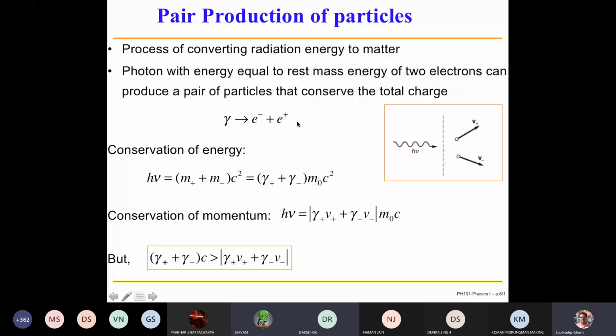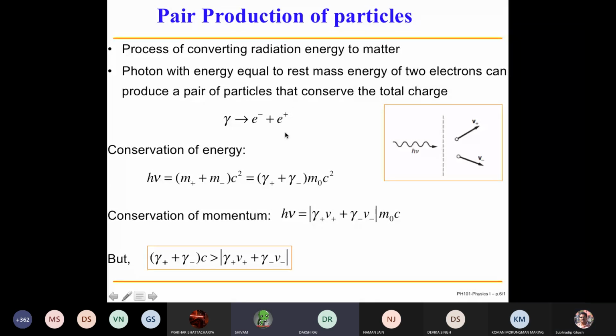With the electron, there will be another particle called the positron, which has the equal and opposite amount of charge as the electron. So one photon loses all its energy into producing two particles, matter. Radiation energy gets converted into matter. Both electron and positron have the same mass. So energy is converted into mass.